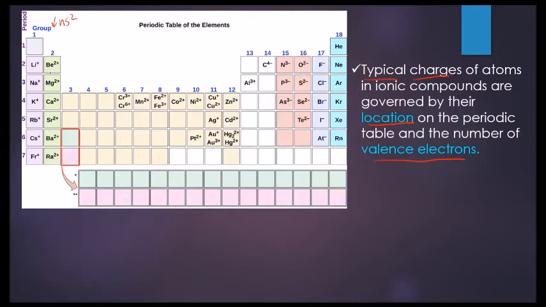They have a tendency to lose those 2 electrons in order to look like the nearest noble gas. In that case, it would be helium if we're talking about beryllium. And so the 2 valence electrons ends up being a +2 charge for that column. So this column, they're all going to form +2 charges because they have 2 valence electrons.